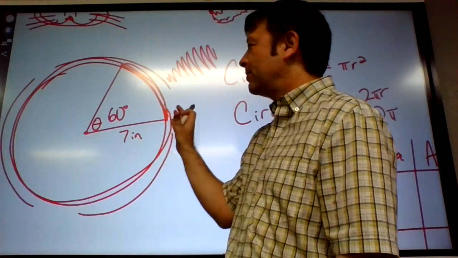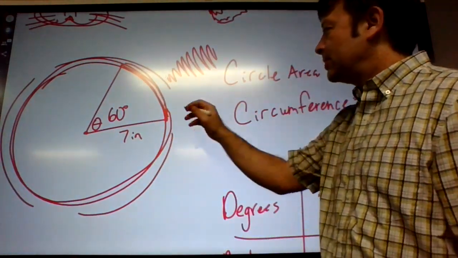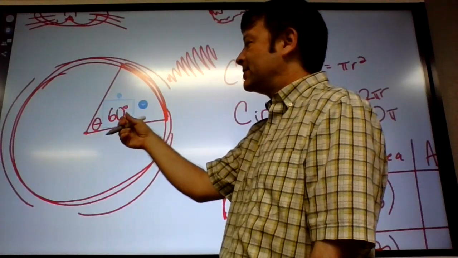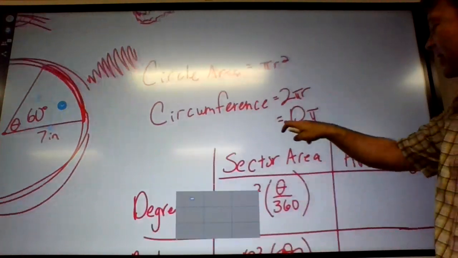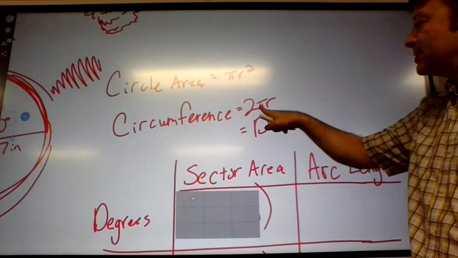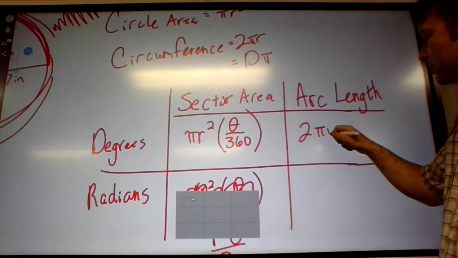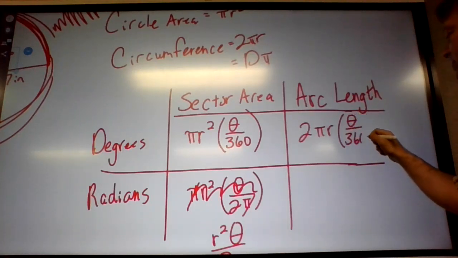Circumference is all this. How long around? If I walked this, how long around would it be? So arc length is just a fraction of that. What fraction is it? Well, like 60 out of 360. Same fraction as the sector area. So if it's a fraction of the circumference, we're basically using the circumference formula: 2 pi r times the actual fraction, theta over 360.